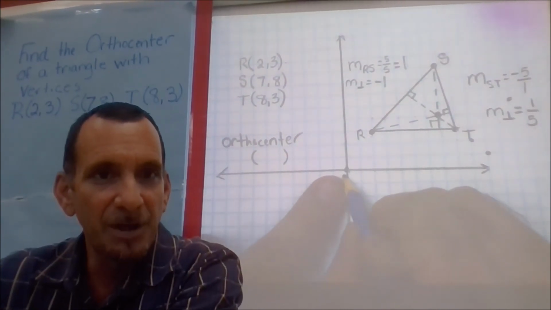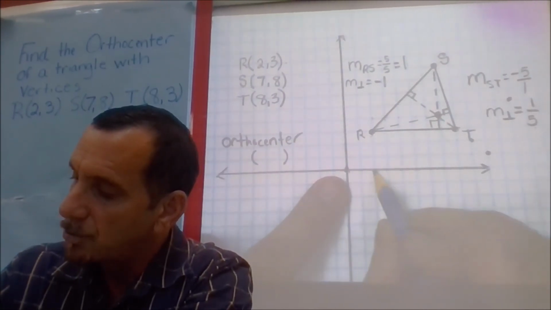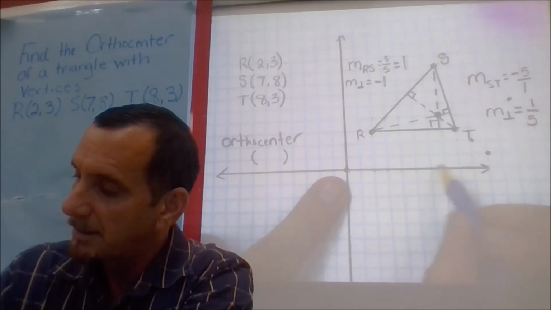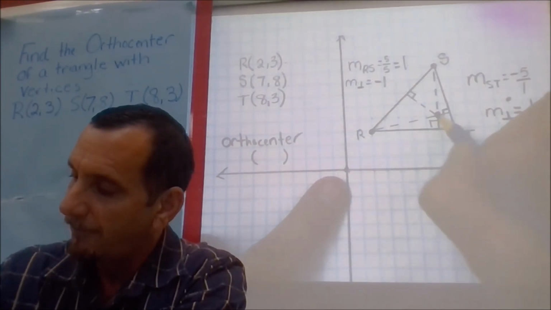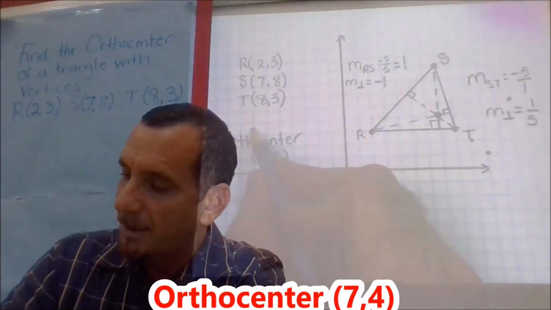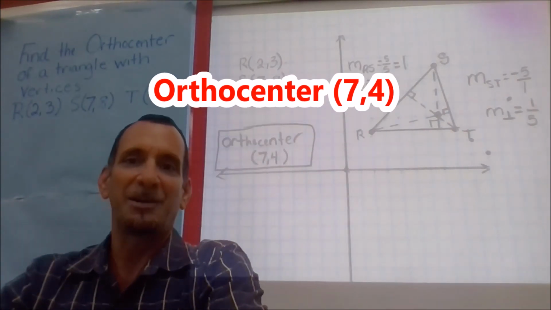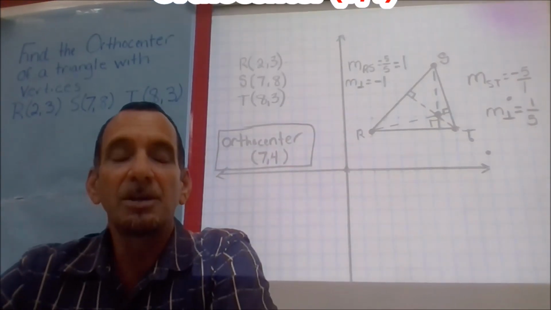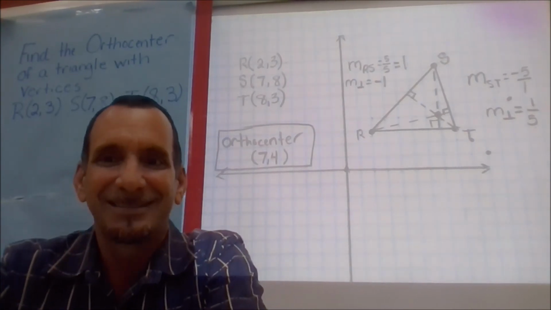So if we start at the origin and we want the coordinates of the orthocenter, that is 7, 4. Our orthocenter is at 7, 4, and that was found by graphing the point of concurrency of the altitudes.